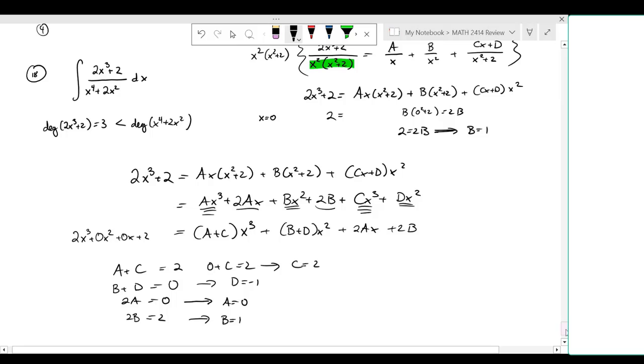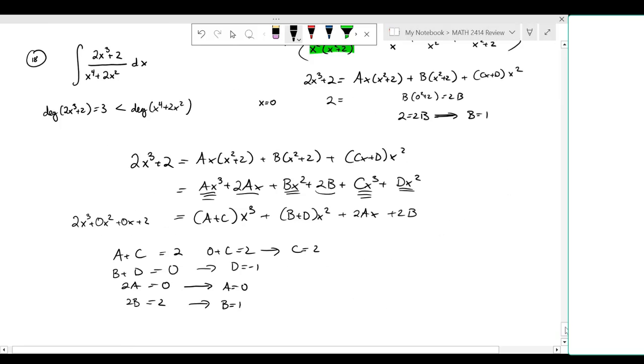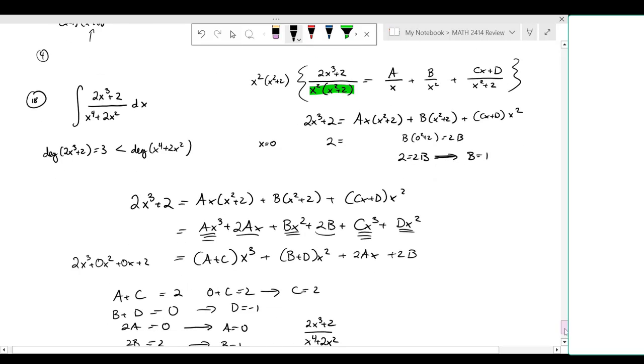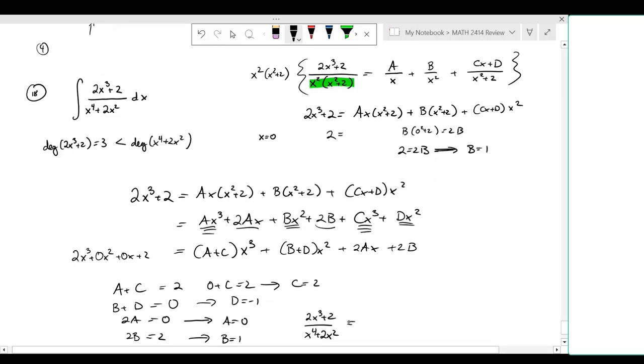So we figured all these out. So a is 0, so that first term goes away. B is 1. C is 2. And D is negative 1. Awesome.